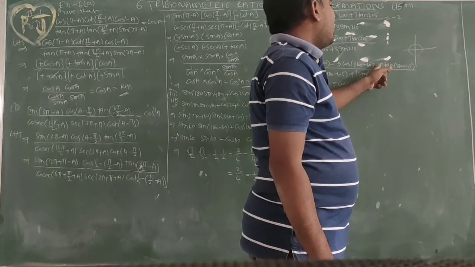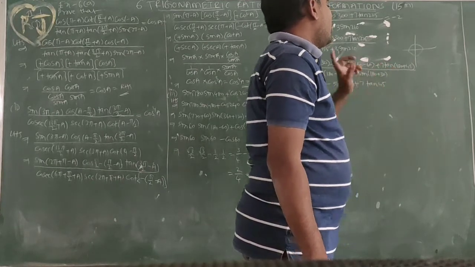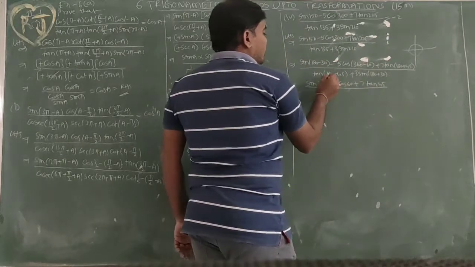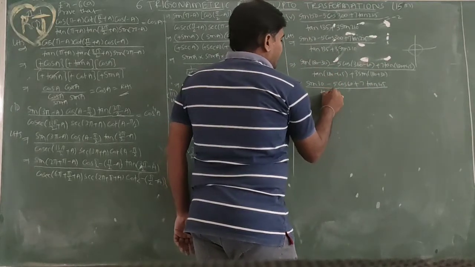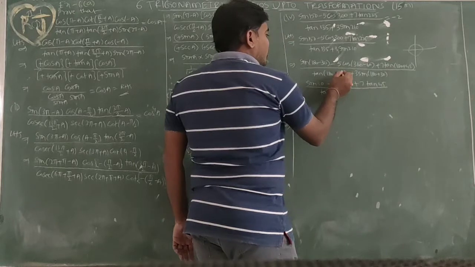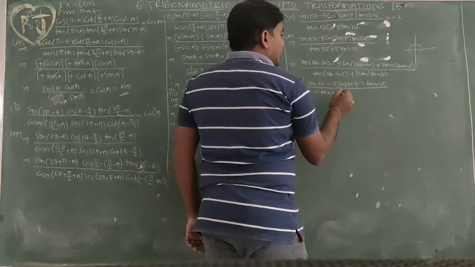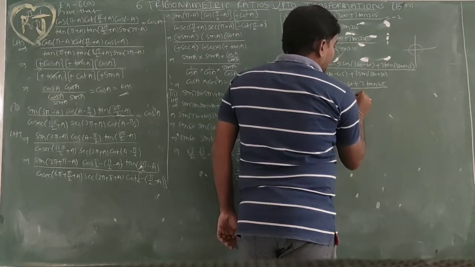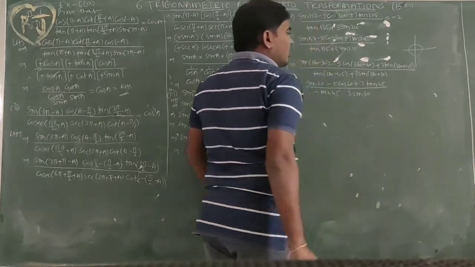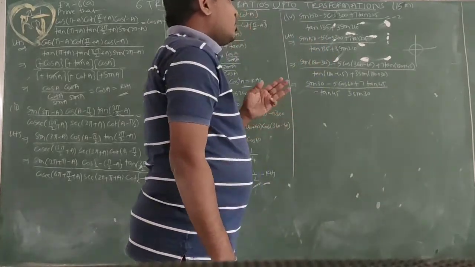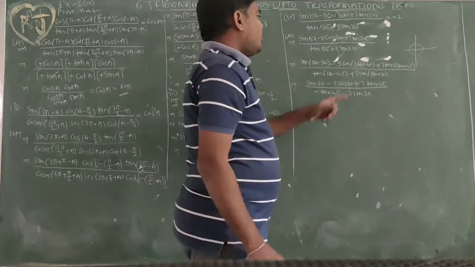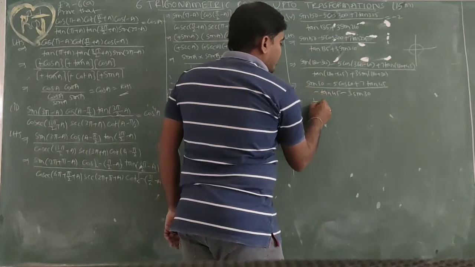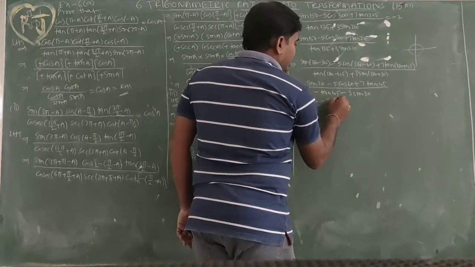In the third quadrant tan is positive, plus into plus, by tan 45. In the second quadrant, 180 minus, tan is negative, minus. So 3 sin 30 with 180 plus, third quadrant, sin is negative. Negative into positive, negative.